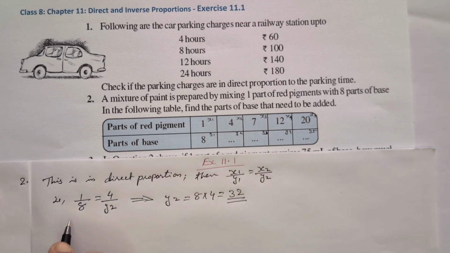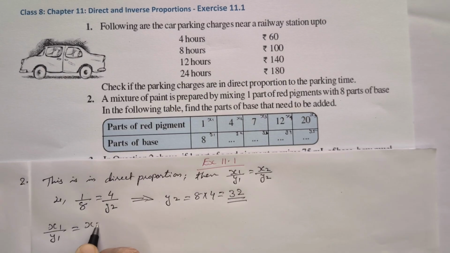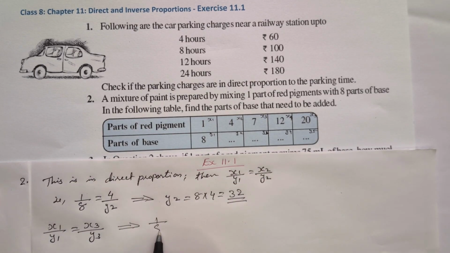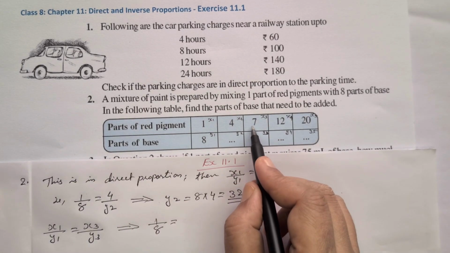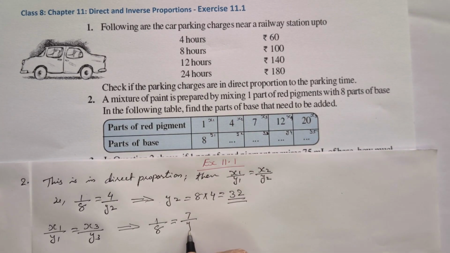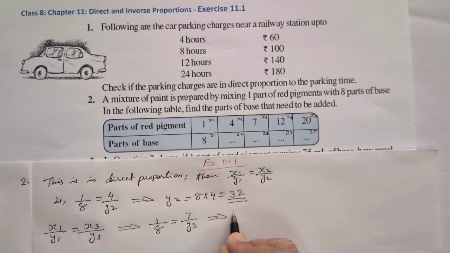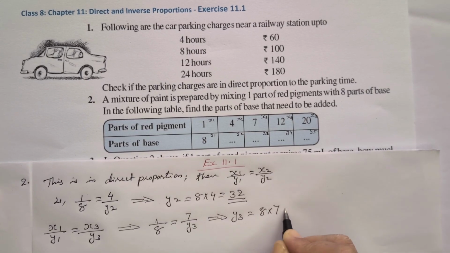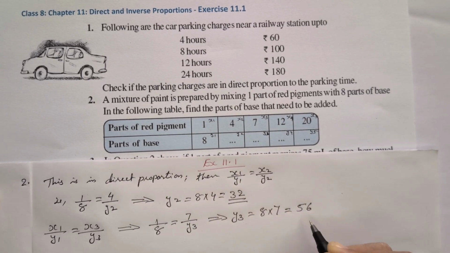Next, x1 by y1 is equal to x3 by y3 to calculate y3. So 1 by 8 is equal to 7 by y3. Cross multiply, y3 is equal to 8 into 7, which is equal to 56.